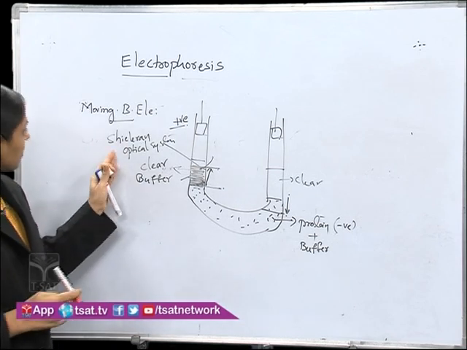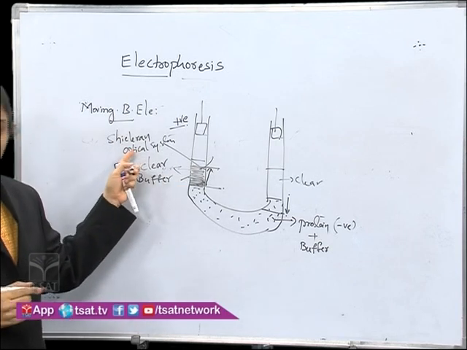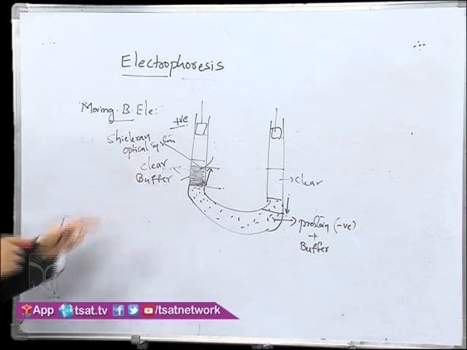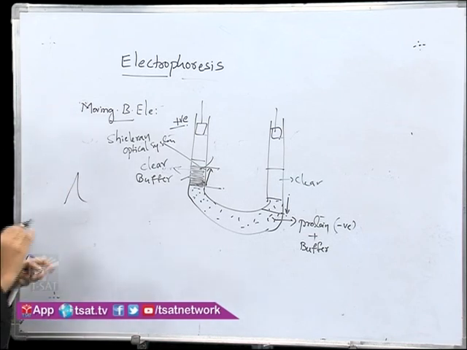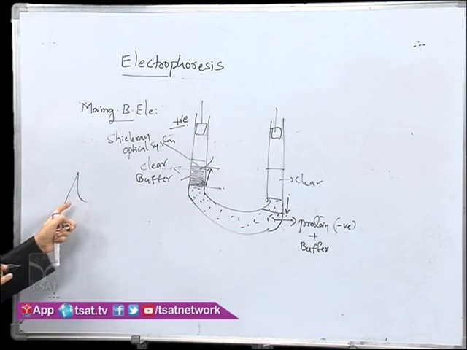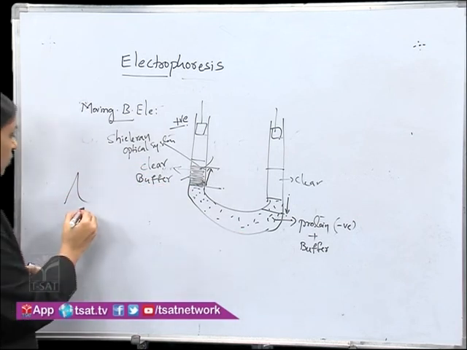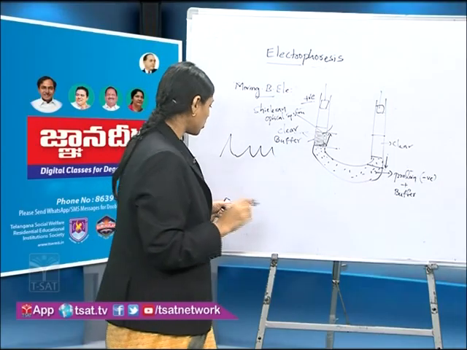And this optical system, whenever a protein passes this system, it gives a peak. It gives a single peak for each protein. In this way, with serum proteins in the horse blood, Tiselius got 4 peaks for 4 different proteins.